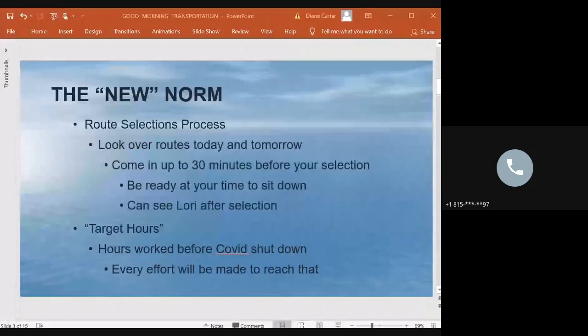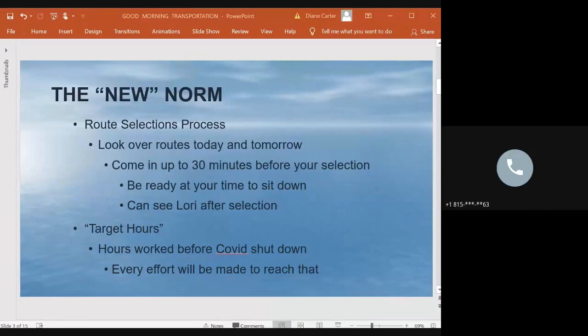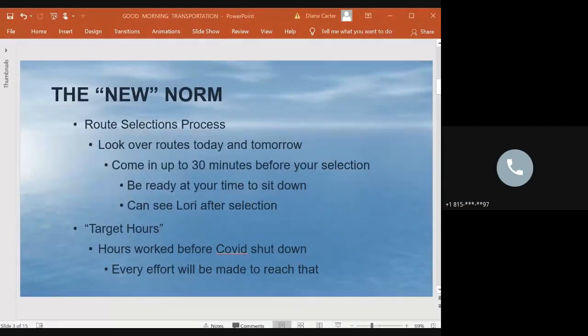I don't know how to unmute. I'm sorry. I will not make noise. If you push *6, you'll mute yourself if you're on the phone.